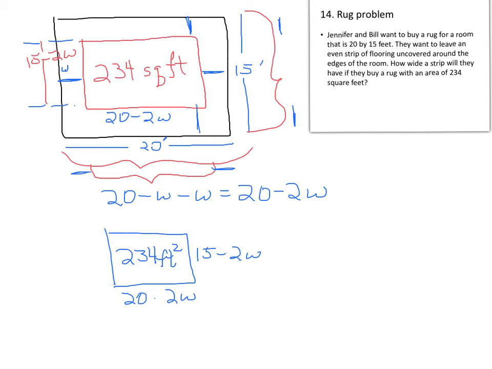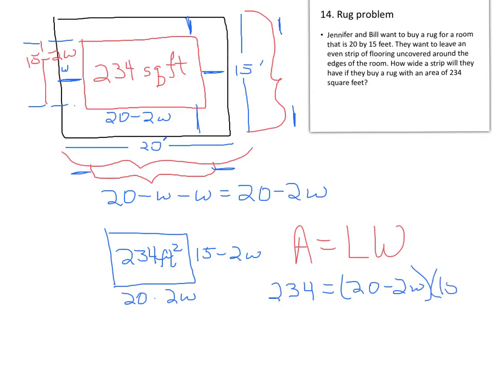And now we have expressions of length, width, and area that have W in them, so we can solve for W. So our equation we're going to use, of course, is the area of a rectangle is the length times the width. So we know the area is 234 square feet, and that's going to equal 20 minus 2W times 15 minus 2W.